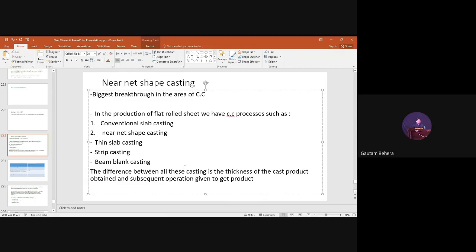Now we'll discuss the difference. What is the difference between conventional slab casting and thin slab casting, strip casting? You can see the difference between all these castings is the thickness of the cast product. What is the thickness of the cast product? We'll see whether it is very less or medium or very high. That differentiates the conventional slab casting from the thin slab casting and strip casting.